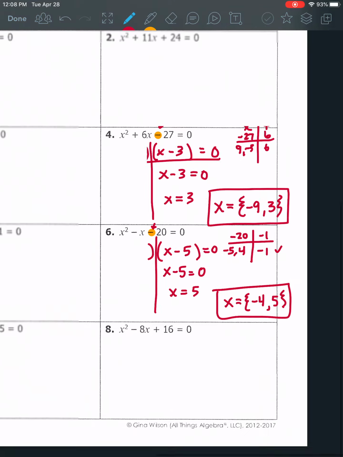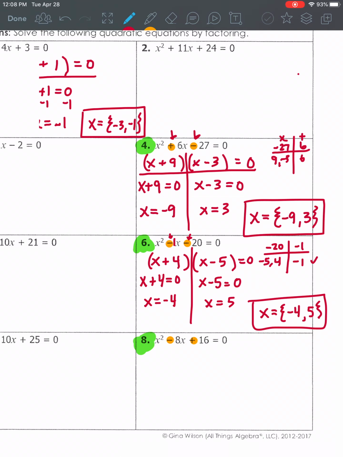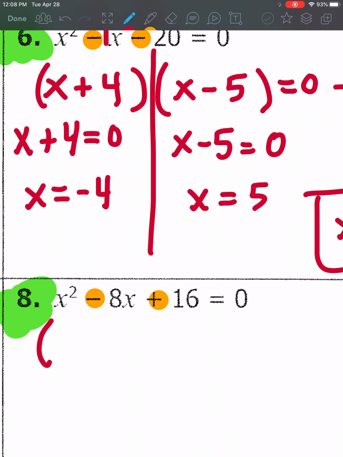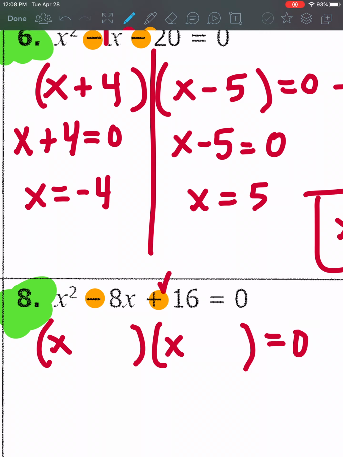Okay. One more example on this side. We have, again, set equal to 0. So x and x. Now this scenario, we have a C value that's positive, but the B value is negative. So we know we have to have a negative in here, and the only way to get this last value positive, well, that's a negative times a negative.